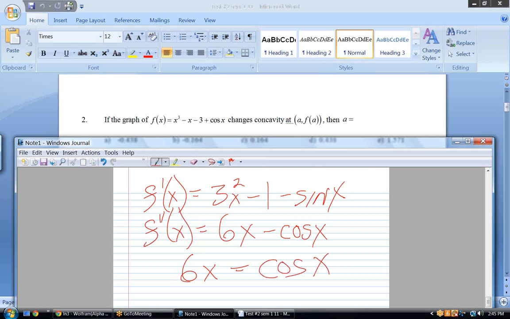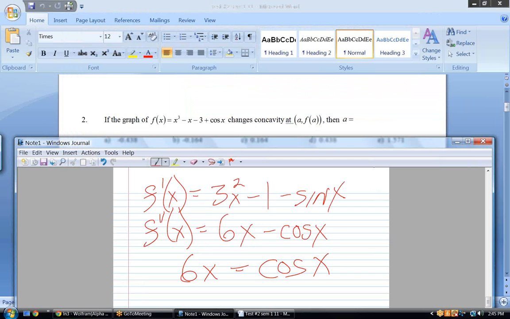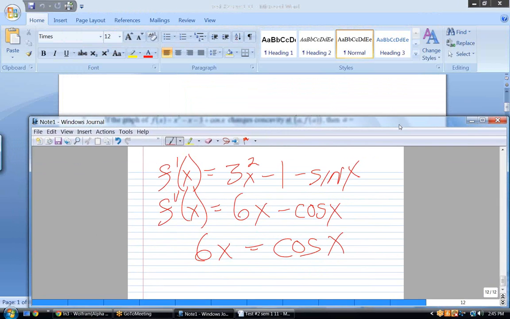Yes. Okay. How do you solve this equation? First of all, can you solve it without a calculator? I don't know how to do it.